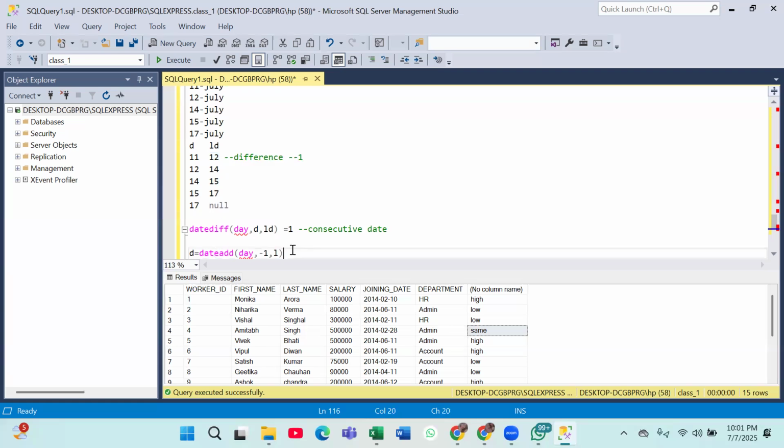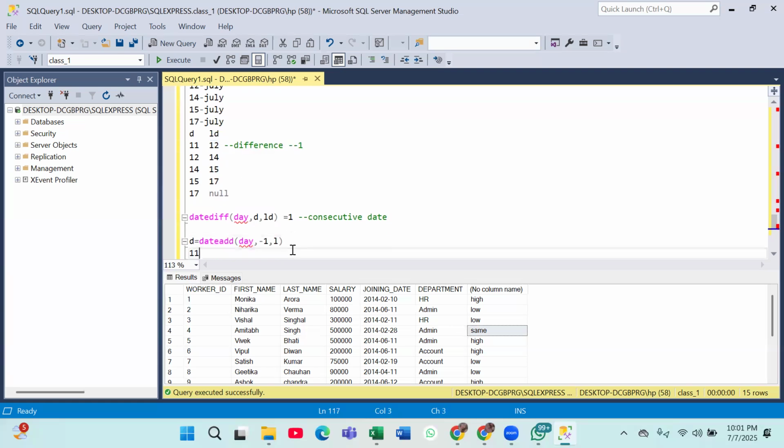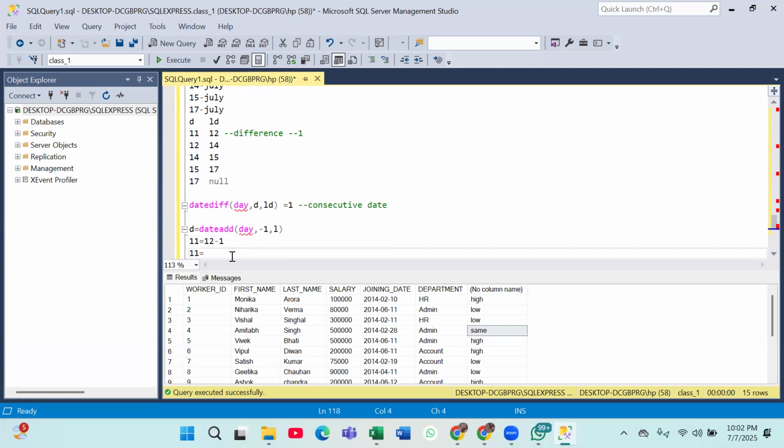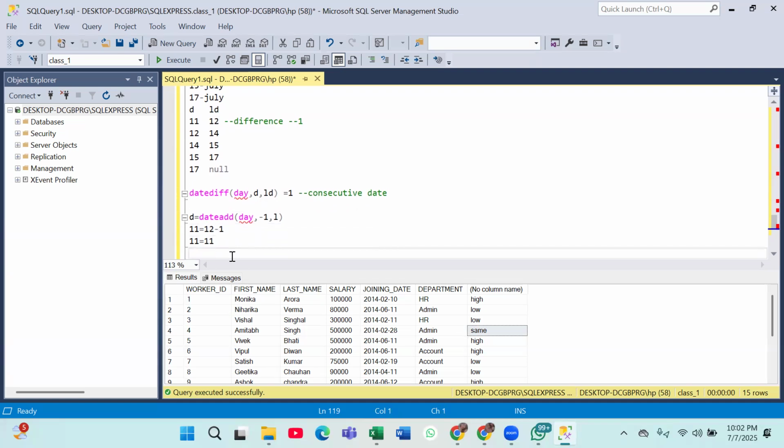Here it is 11 and here the date is 12 and we are subtracting 1 over there. So if both are the same, then both are consecutive dates. Are both these methods clear to you?